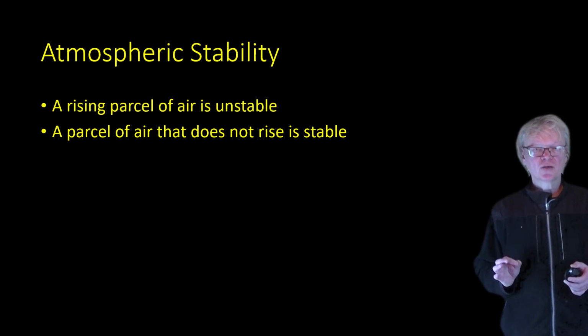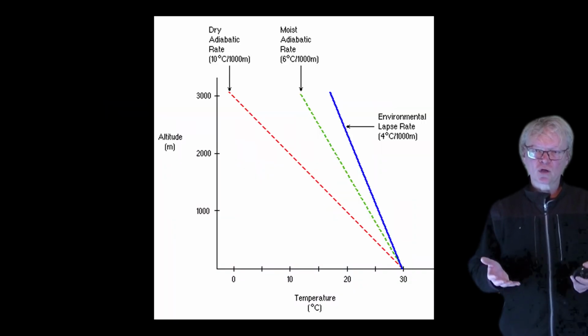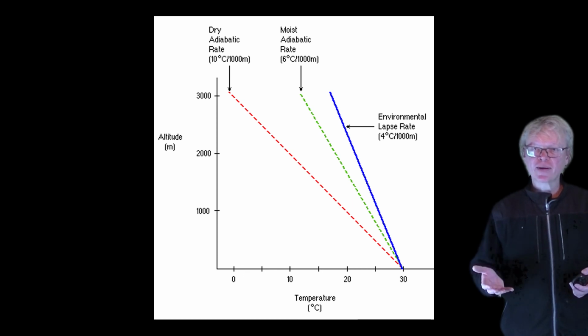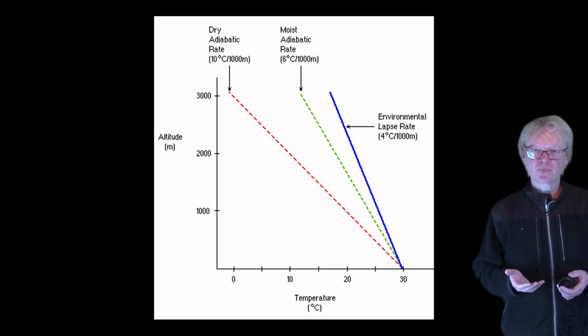Okay? So, we can look at this diagram here. What have we got here? We've got those 3 lines that we looked at. We looked at the environmental lapse rate, we looked at the dry adiabatic lapse rate, and we looked at the wet adiabatic lapse rate.